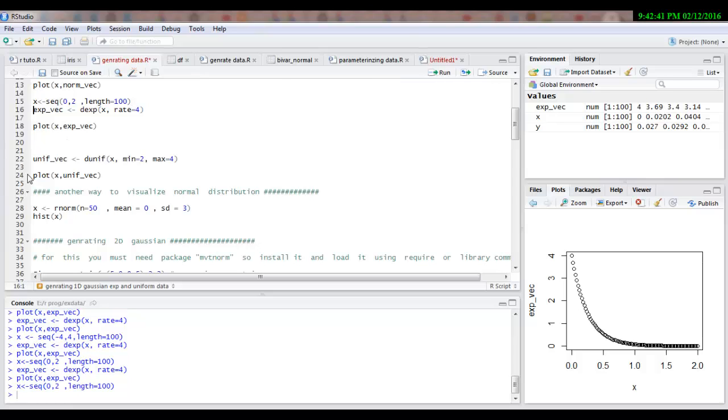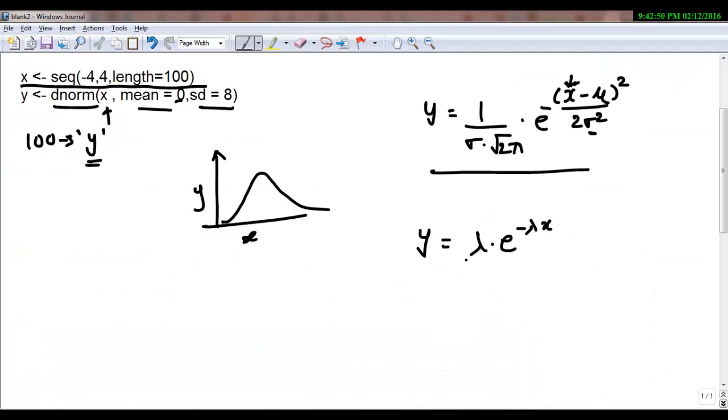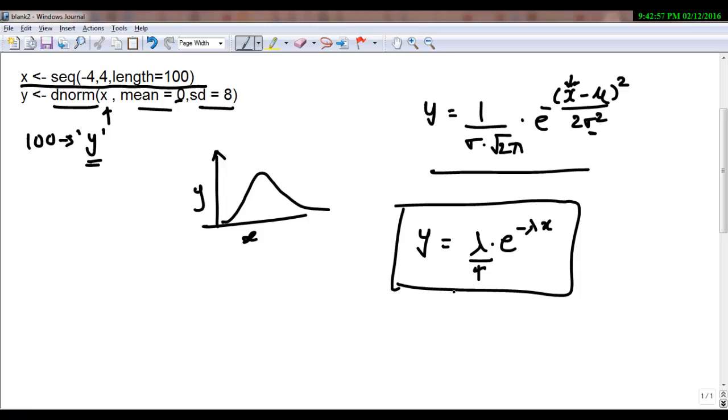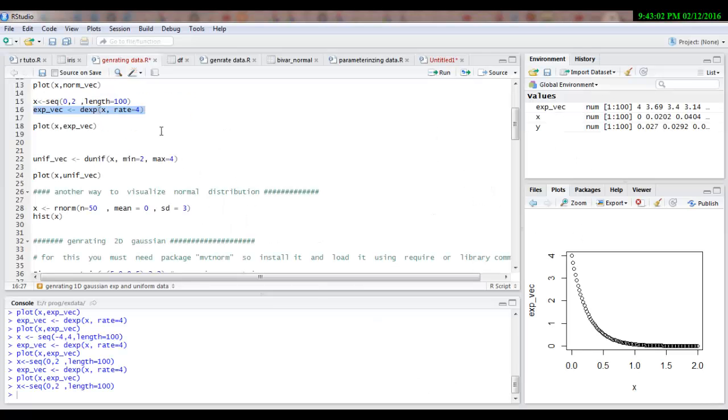Now using this command, what we are doing is supplying the value X into the formula. This is the formula of the exponential distribution, and this over here is the quantity we call rate. As you can see, we have specified rate equal to 4, so the value of lambda is 4, and the values of X will come from this vector.